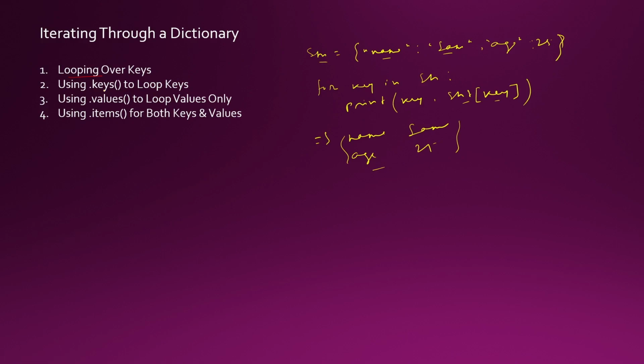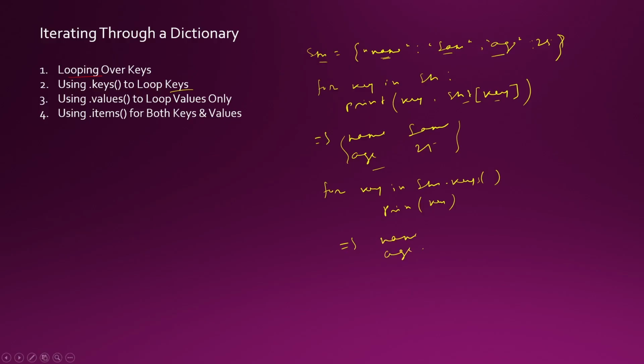Now next is dot keys. You can explicitly use the dot keys method to loop over only keys. If I write for key in student dot keys and print key, it will give me the output of the keys only, name, age.